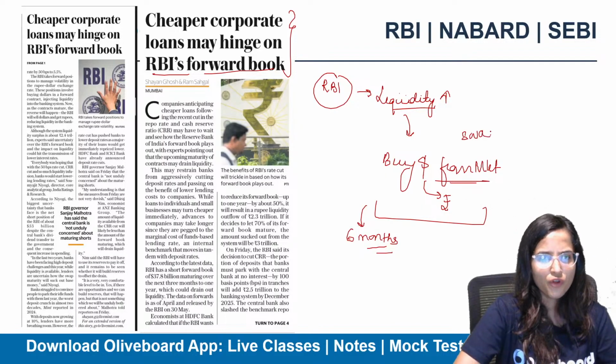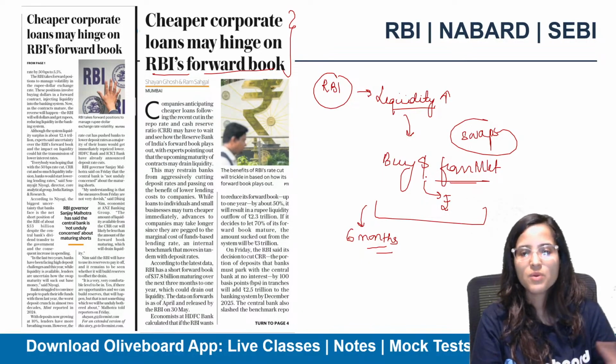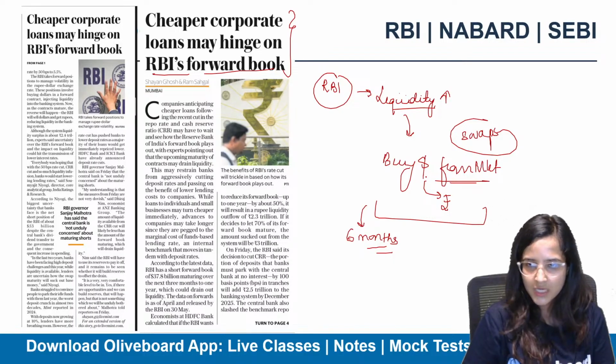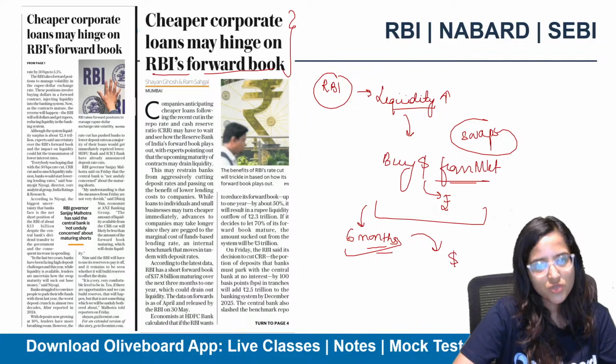This is when we talk about foreign exchange swaps. So now RBI will buy the dollars and inject rupees in the market. After some time, after 6 months, it will have to return the dollars to the market and take back rupees.